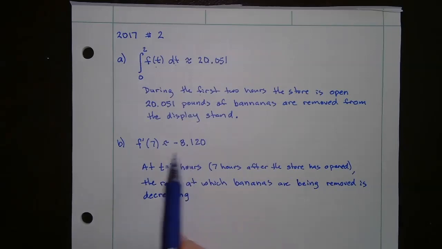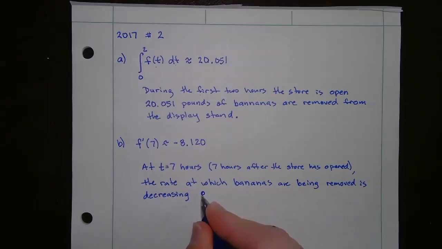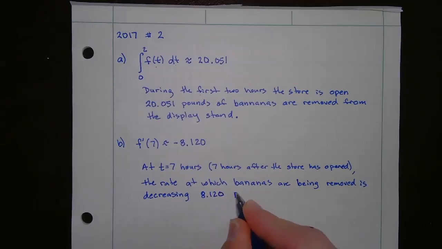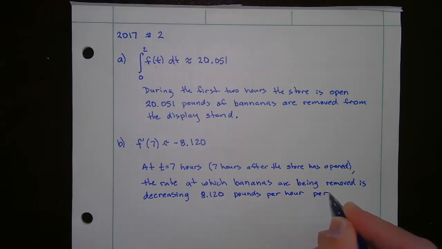So the rate at which bananas are being removed is decreasing. This is like a second derivative because f is a derivative, so f prime is like the second derivative. So the rate at which bananas are being removed is decreasing 8.120 pounds per hour per hour.